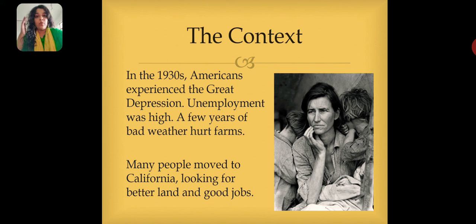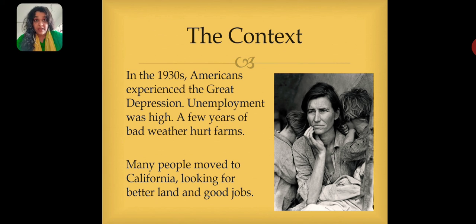After the boom of the 20s, as we saw in the Lost Generation, there came the black period of the Great Depression. All the economy around the world collapsed. So in the 1930s, Americans experienced the Great Depression.